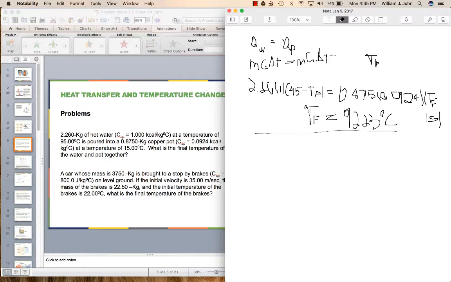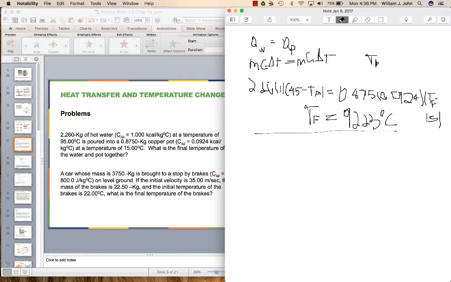Now, this is an opportunity to show the transfer of kinetic energy into heat energy. So basically what you're doing is stopping a car, and all of that kinetic energy is going to go into heating the brakes up. And there's a few assumptions here. That is that all the energy goes into heating the brakes.